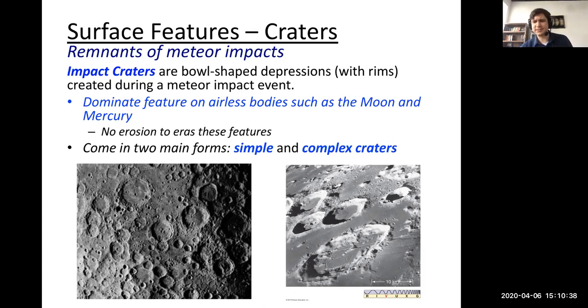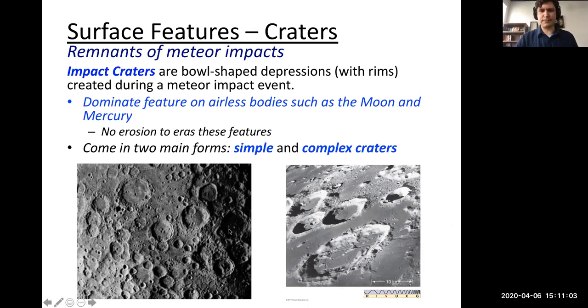So every time something from outer space hits it, it's going to create an impact crater, one of these bowl-shaped depressions. Something from outer space impacts the surface, leaving behind a bowl-shaped depression with a raised rim that we call an impact crater.